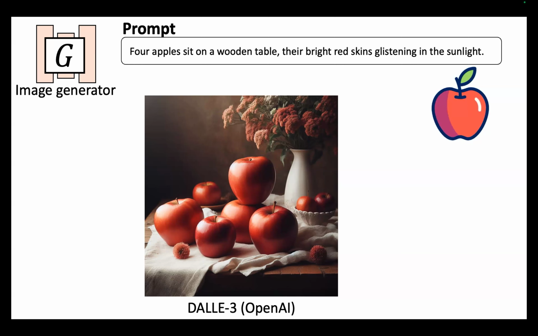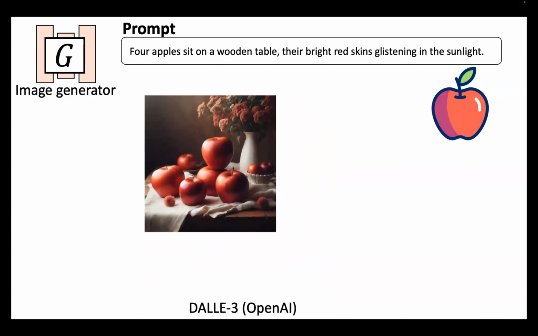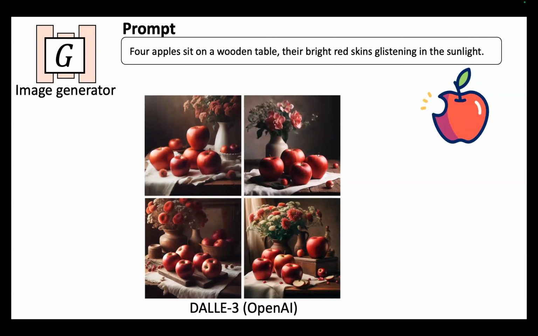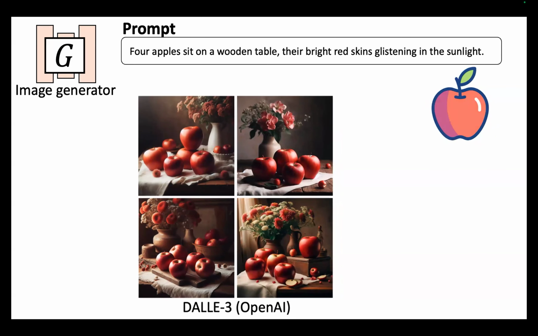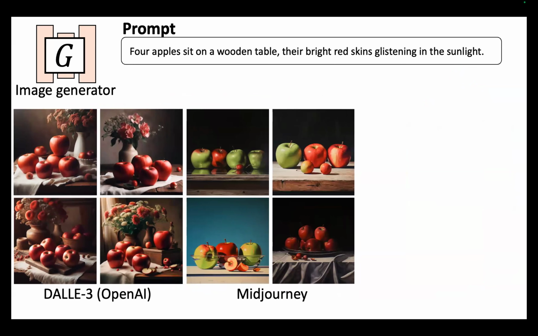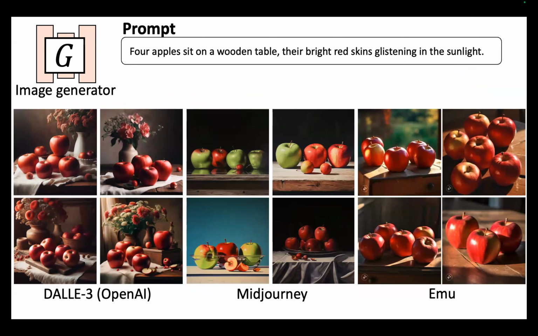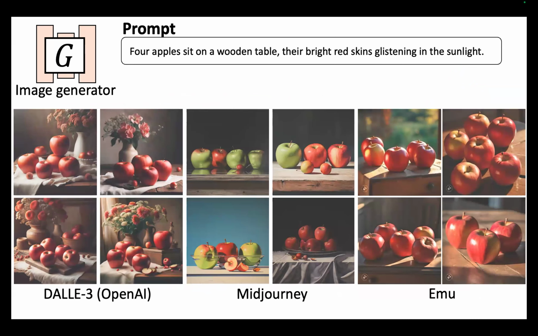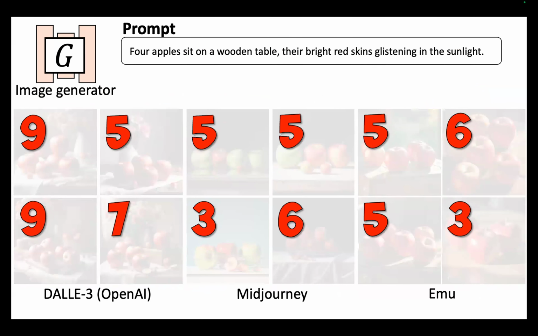Maybe it's a latency problem, so we tried to cherry-pick and try many different examples, and it still doesn't know how to count. And it's not just the latest, greatest generation model, but also across the board. I also tested on Midjourney and the one from Meta, and across all of those results, they all get it wrong. They don't really get the number four.